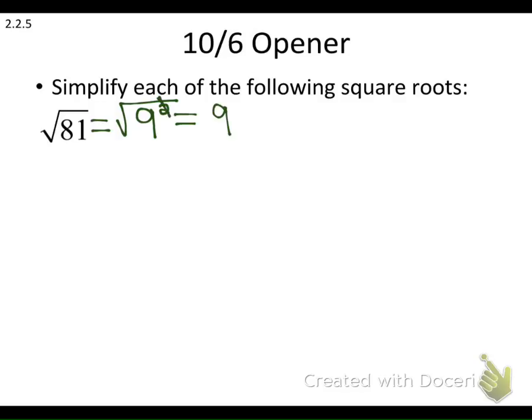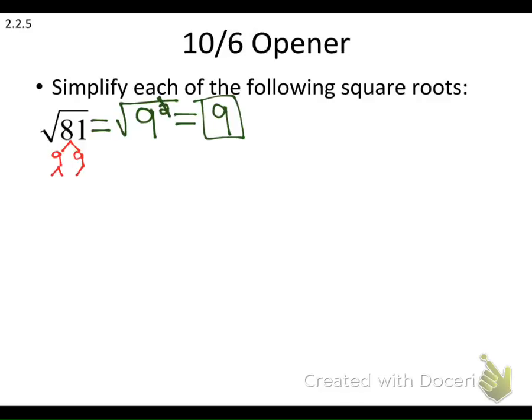Okay, I got that. But let's say you didn't know that it was a perfect square from the beginning. So then we could use our notes that we took Monday, Tuesday. So what I'm going to write here in the red is probably what a lot of you guys wrote down. So what are our 2 numbers that we can multiply together to get 81? 9 and 9. So then I can factor each 9.